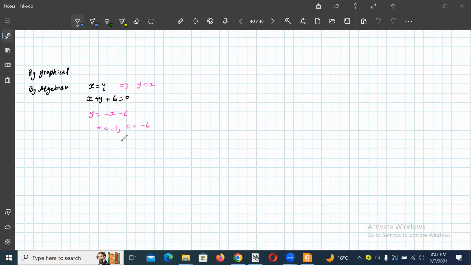So when you draw it, it passes through -6 as well, and the gradient is negative, left to right down. We need two values for this. If I make one small table to complete the values so that I can plot on the graph paper, x and y. So my values are, let's suppose you can check at 0. So when x is 0, we have -6 as the value of y.